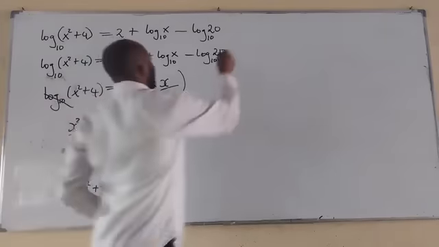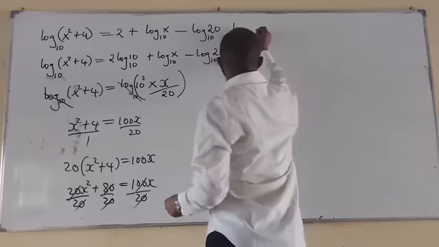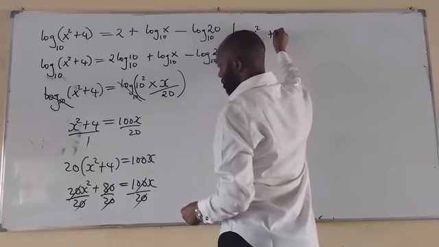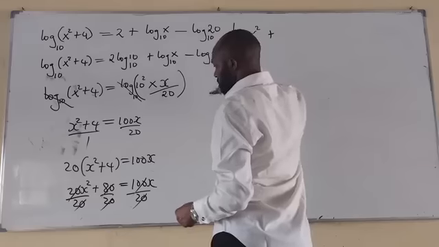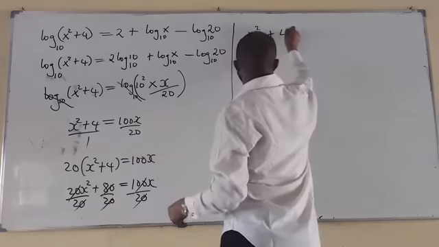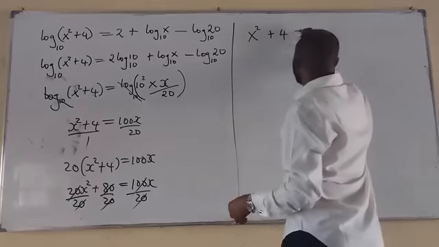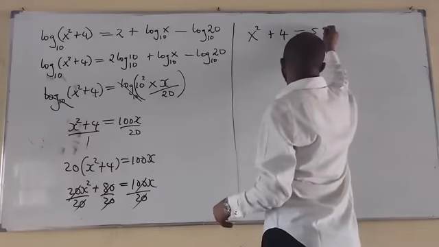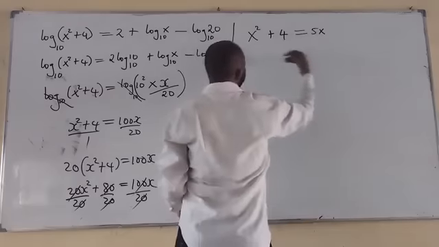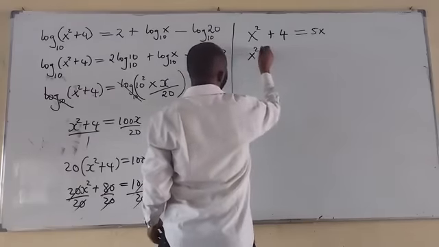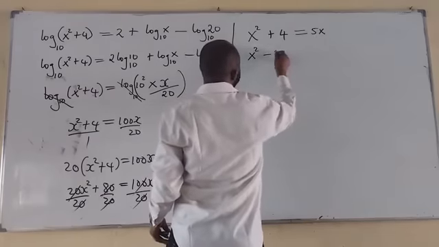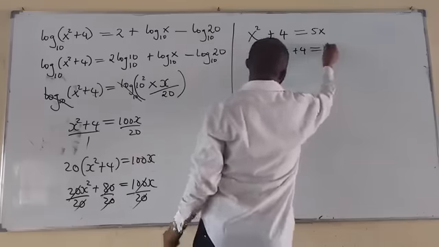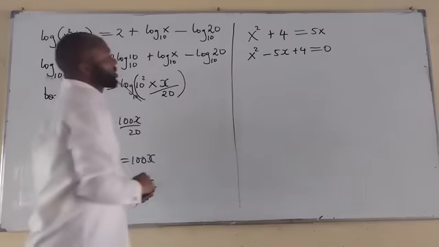So now I have x squared plus 4 is equal to 5x. I rearrange it. So I have my x squared minus 5x plus 4 is equal to 0. So that is the quadratic equation.